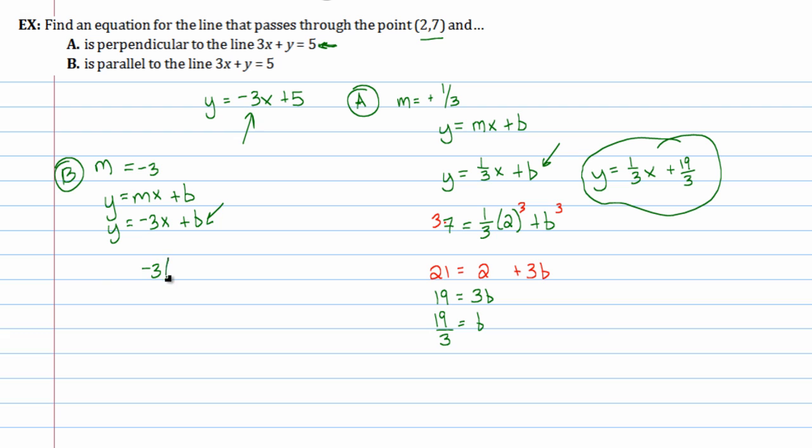When x is 2, y is supposed to be 7. So I see that's negative 6 right there. I'll add 6 to both sides and find out that b is equal to 13. So the equation of the line that is parallel to this line right here but goes through this other point is going to be y equals a negative 3x plus 13.